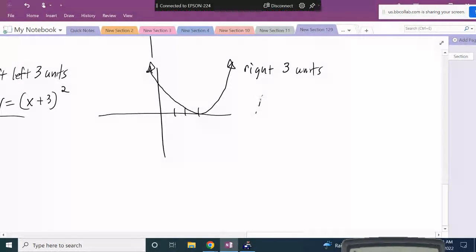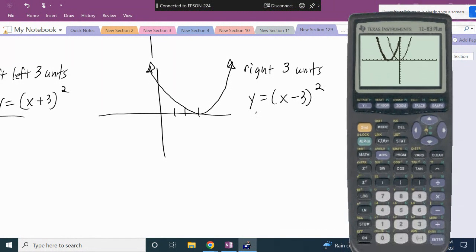So I'm going to write this out as y is equal to the quantity x minus 3 squared. Just to verify with the calculator, I'm going to go back to y equals and change that plus 3 to a minus 3. And notice we have a shift to the right c units.